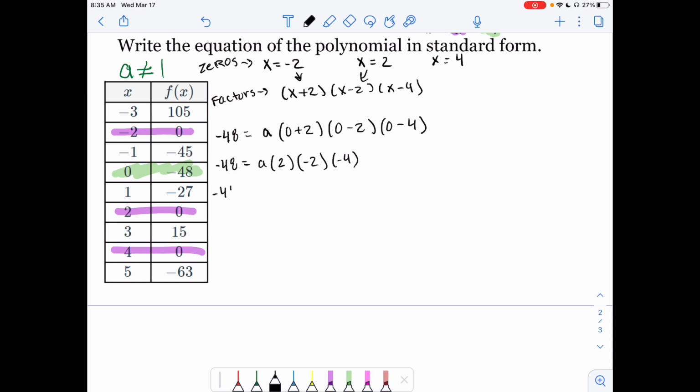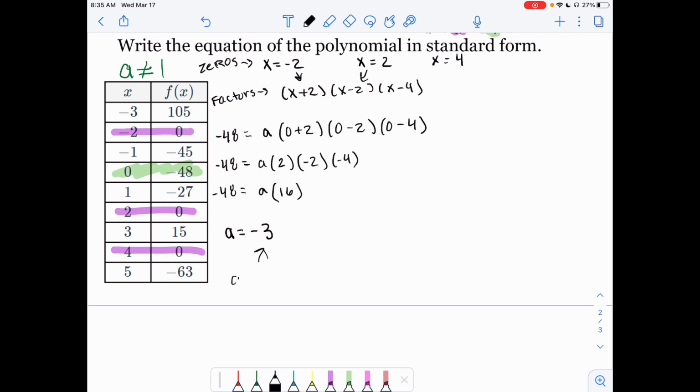Let's continue to multiply, and we'll see that it's a times 16. And now we divide and see that a equals -3.